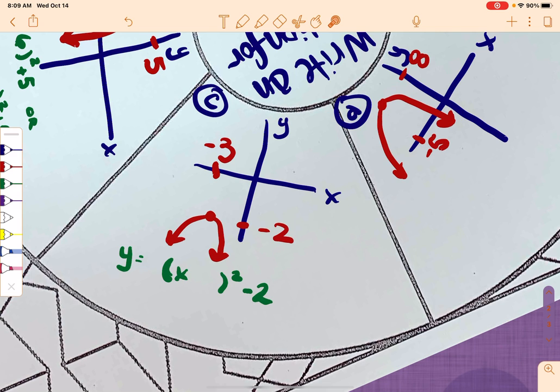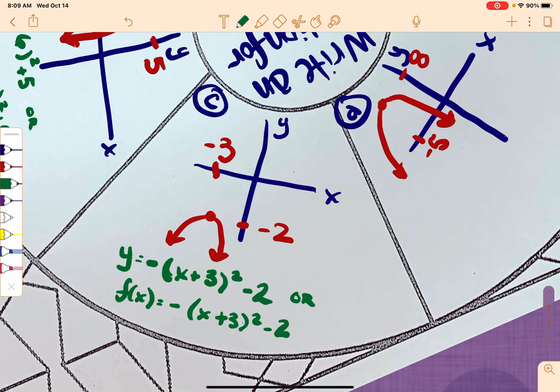It's always the opposite of whatever the shift is. So if this is negative 3, then in here I think positive 3. So I'm going to write plus 3. And because it opens down, I'm going to put a negative in the front. So again, it could be this. Or it could be this.